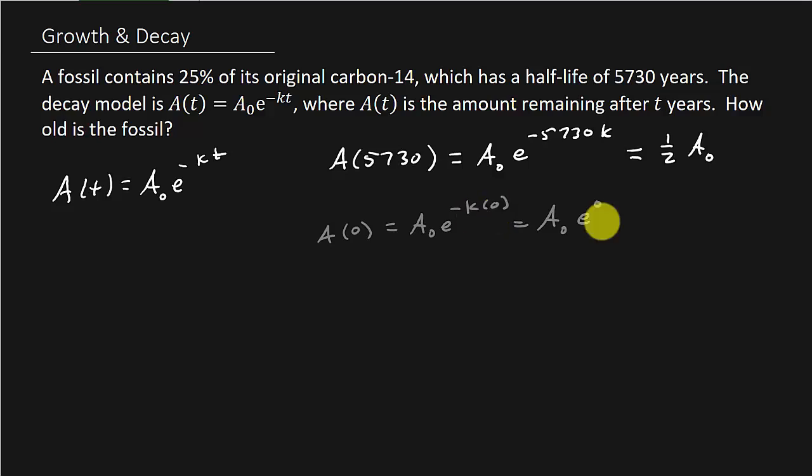Negative k times 0 is 0, which is A naught times 1, which is A naught. So A naught is the initial amount present. And if we plug 5,730 in for t, we should get half of A naught.